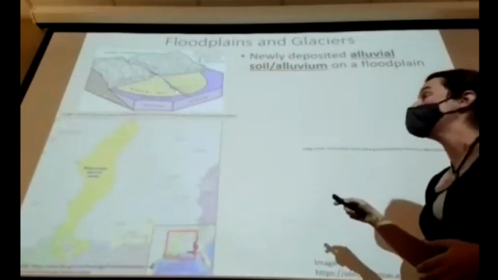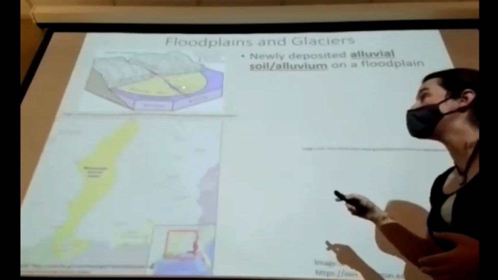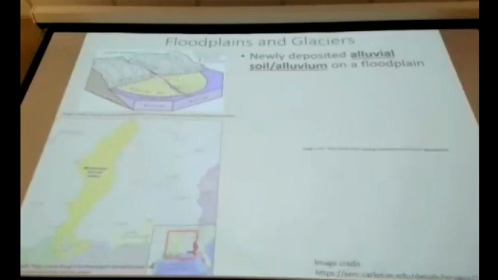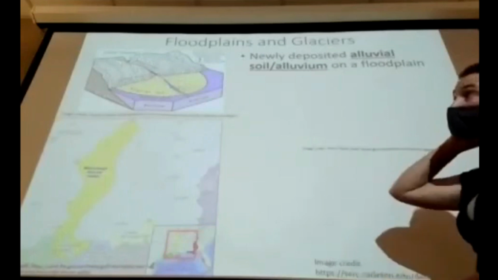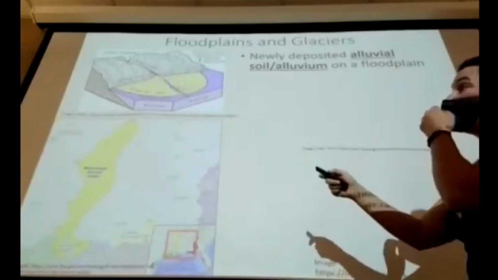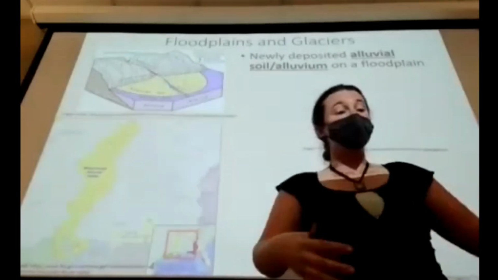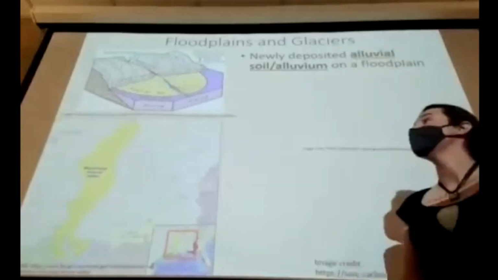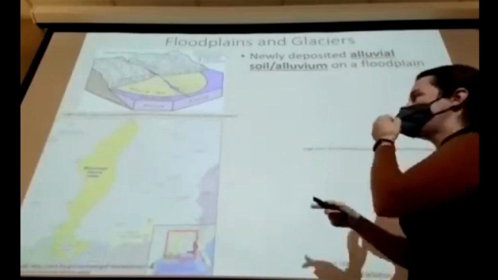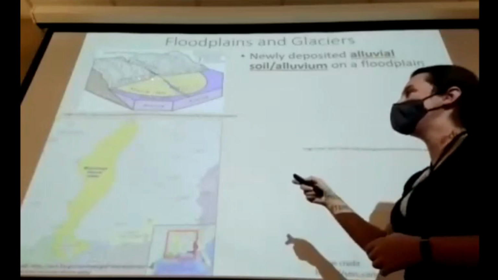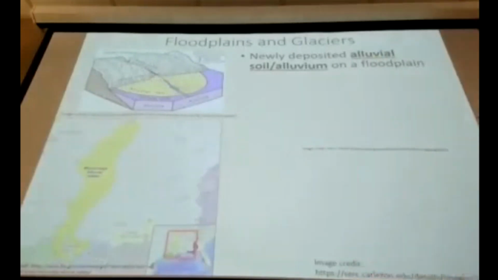When the river enters into the floodplain or into this larger open area, out of this channel here, essentially all of that parent material precipitates out of the water and is deposited in a couple different types of structures, but this one is pretty common. This is called an alluvial fan, essentially when the waters are pretty high.